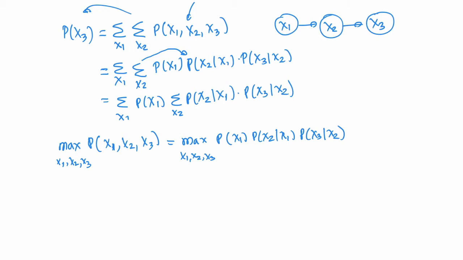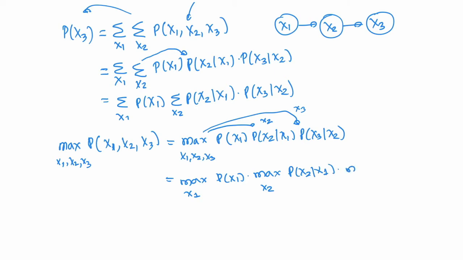So we can move, for instance, the max for x3 to here, the max for x2 to here, and keep the max for x1 in this position. So this is going to be the same as the max for x1 of p(x1), times the max for x2 of the probability of x2 given x1, times the max for x3 of the probability of x3 given x2.